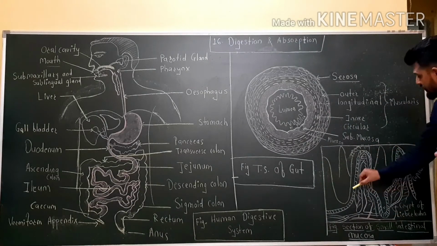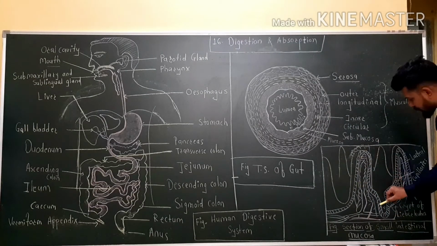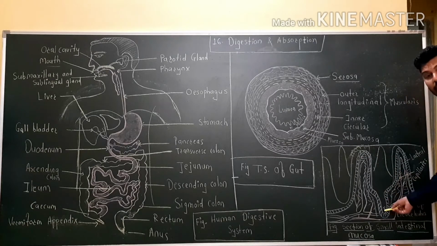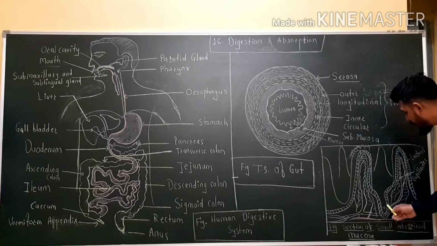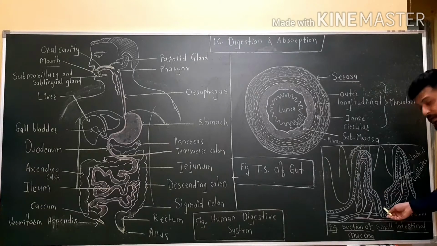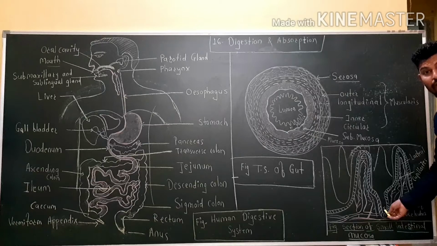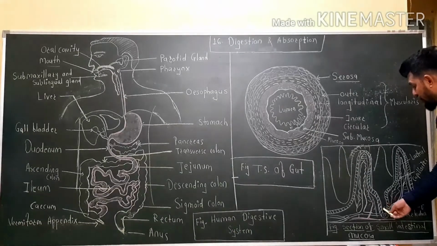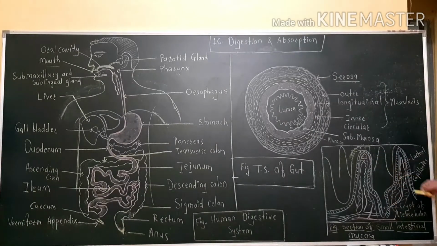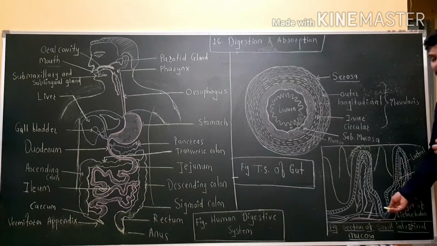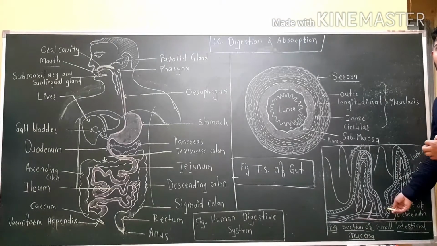Along with this, the base of the mucosa, the base of the villi, possesses the crypts. These crypts are the spaces at the base of the villi, like the crypts of Lieberkuhn. The crypts of Lieberkuhn have the stem cells which are responsible for renewal of the epithelial layer. So these are responsible for the formation of the epithelial layer.